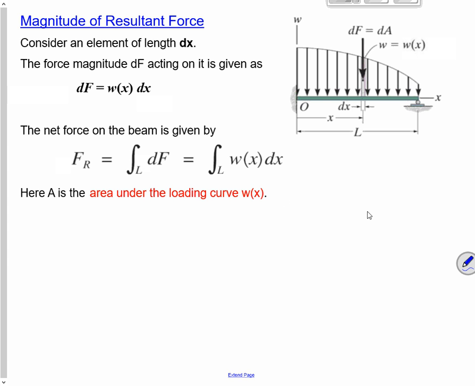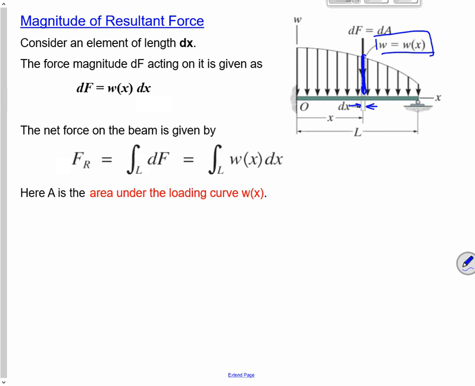And we have to figure out where to place that force and what the magnitude of that force is. So considering an element of length dx, in other words, I'm just looking at this little piece right here, a little rectangle. It has a width dx. The magnitude of that force dF is the loading function, w of x, times dx.